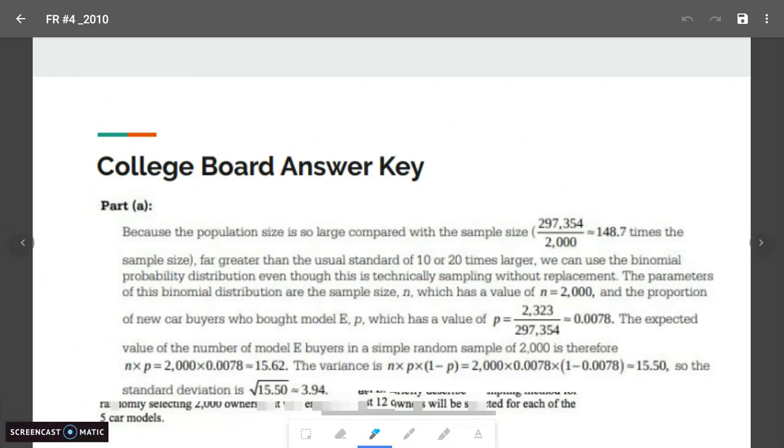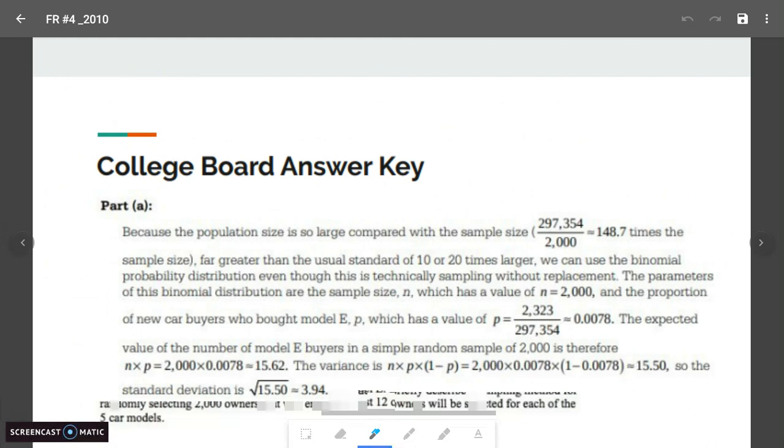If we look at part A, what you should notice is that we have a particularly large sample size. We have the whole population of the 6 months for this car company, and because it's so large and we have a sample size of 2,000, we can use a binomial distribution.